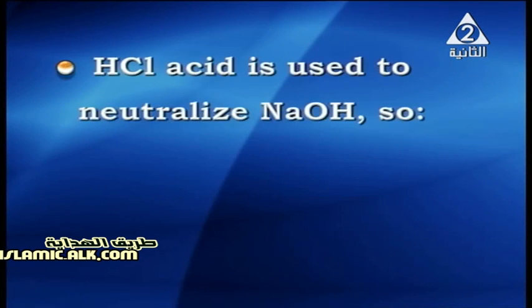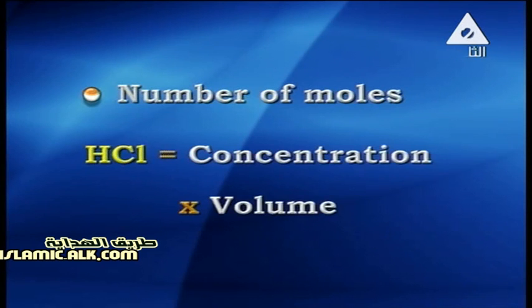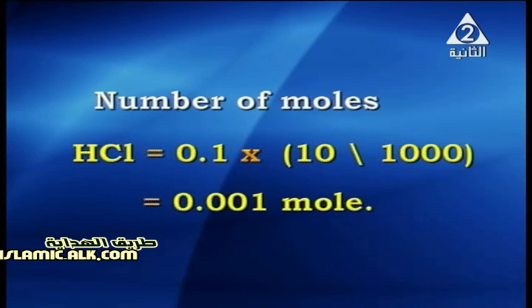Solution. The hydrochloric acid is used to neutralize sodium hydroxide, so HCl plus NaOH gives NaCl plus water. So the number of moles equals concentration times volume, so 0.1 times 10 over 1000, it will be 0.001 mole.